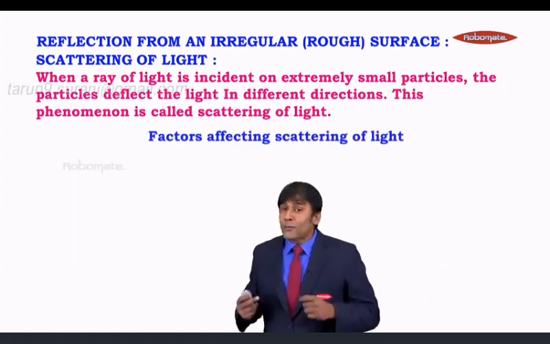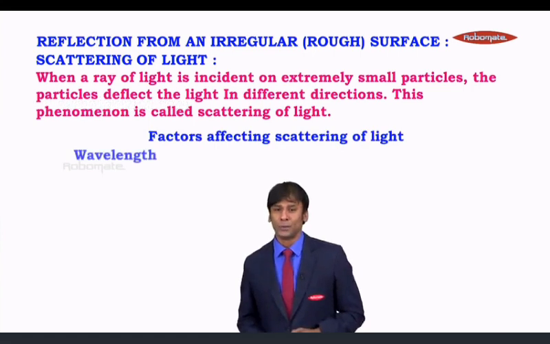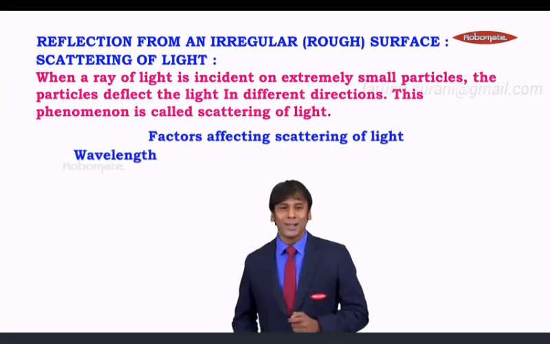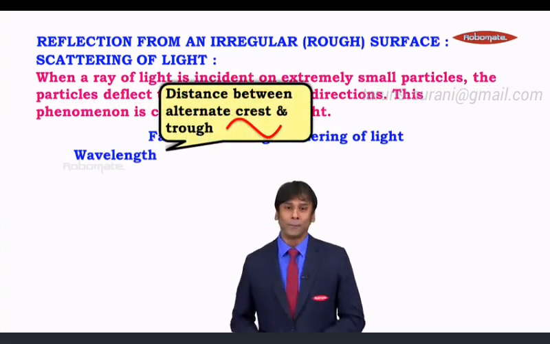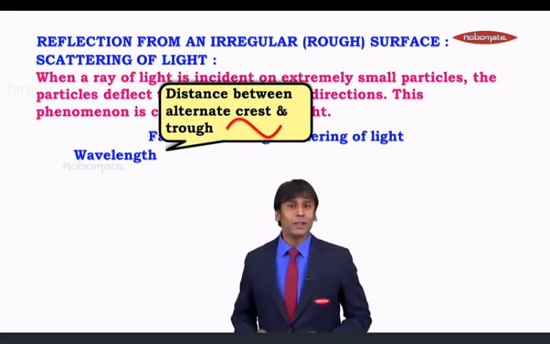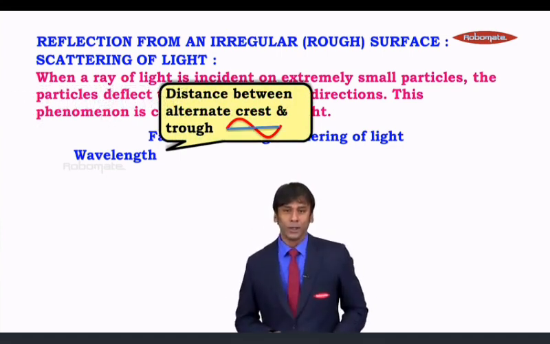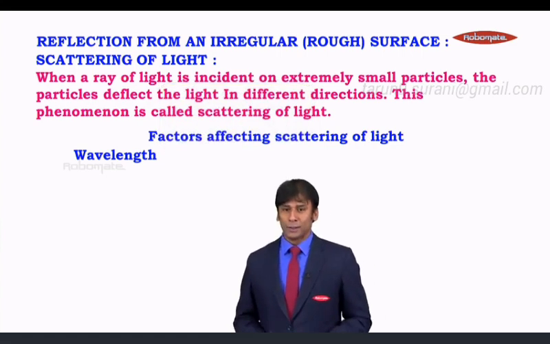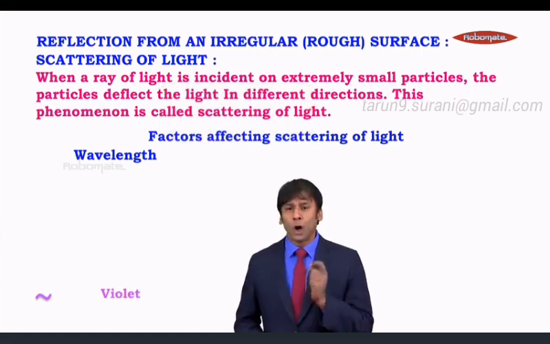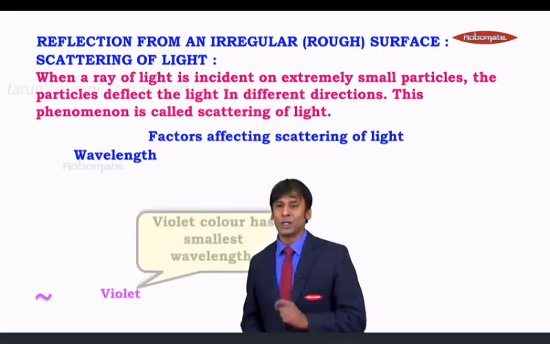Now students, what are the factors affecting scattering of light? The first factor that affects scattering of light is the wavelength. Now what is a wavelength? Wavelength is the distance between alternate crest and trough. Now when it comes to wavelength, always remember violet has the smallest wavelength.